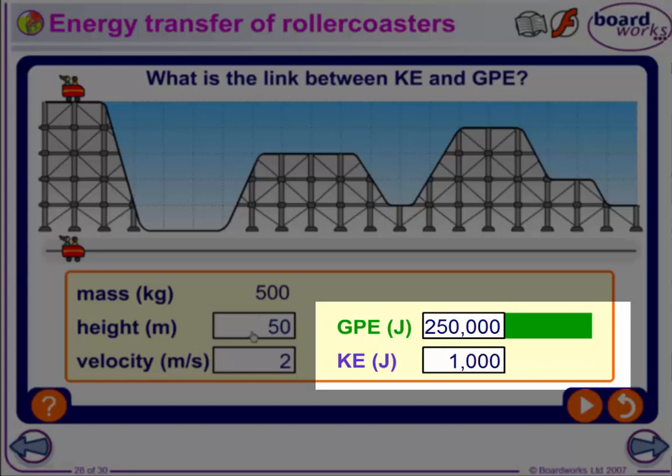Now, right at the very top, it's moving very, very slowly, and it has a large height. So let's find out what these values are. The height is 50, the velocity is 2, which is very slow. Notice that it's got a large height, so mgh is very high. It has a large value of 250,000 joules. Notice only 1,000 joules of kinetic energy because it's moving so slowly. Now what happens as it moves and comes off the edge?